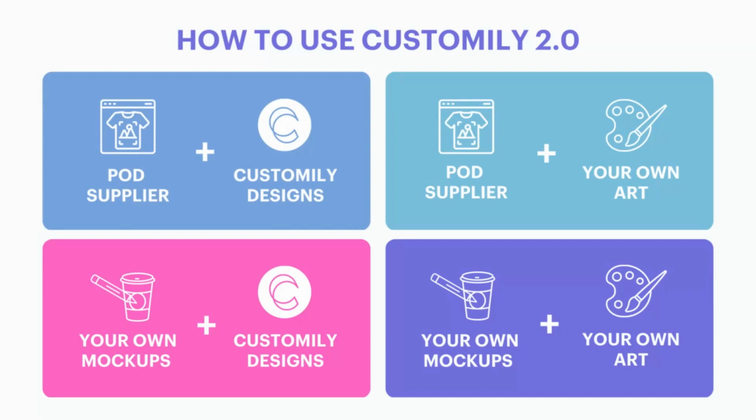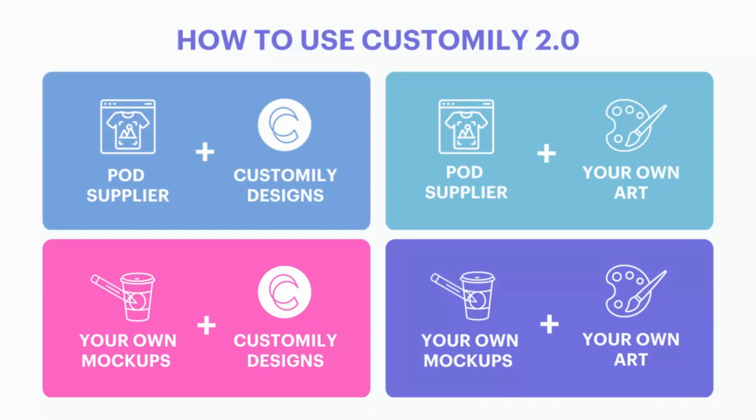So now that we have the different alternatives clear, we're going to create some products together. Today we're going to focus on these tools here we have. We're going to be doing one design of our own and connect that design to a product from a POD supplier.